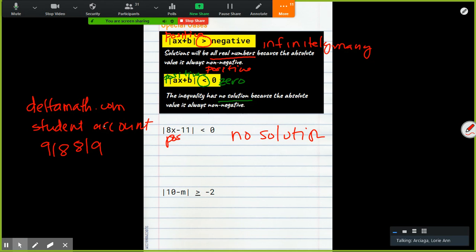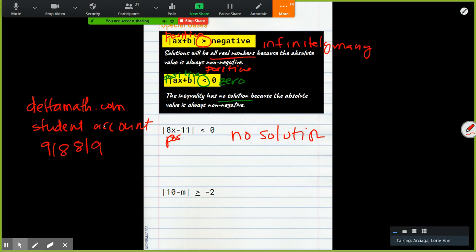What about the second one? What's the answer?